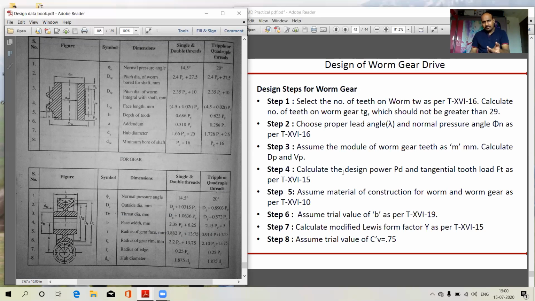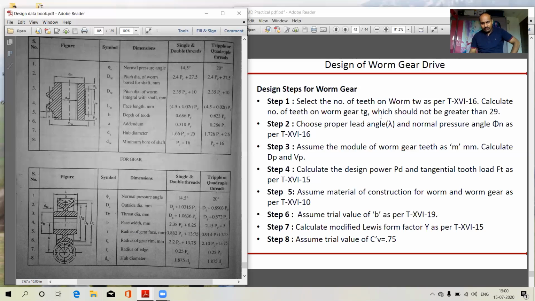So whatever values we are assuming or taking here are all for the wheel, not for the worm. After calculating the PC or module, we can have the values of the worm also. So remember, for calculating the beam strength using Levy's equation, you must assume all the data related to the wheel.